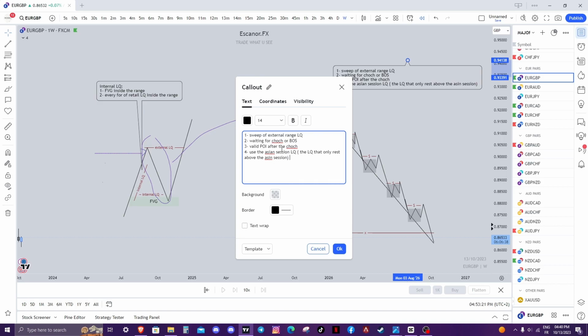So this is the fourth point, and then the fifth point, looking for a confirmation candle.